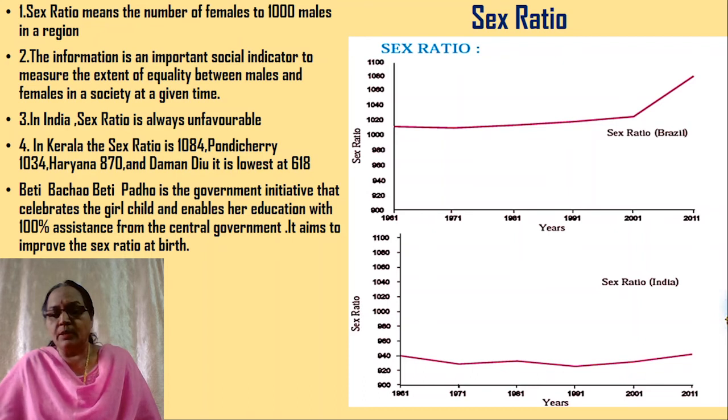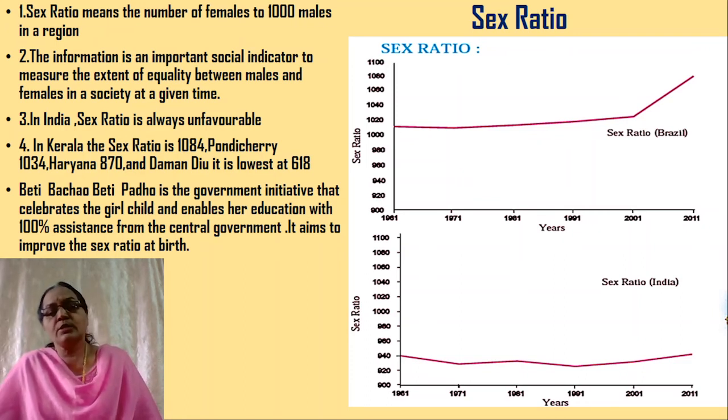Further, we find towards 1981, the sex ratio slightly improved and then there was a downward trend. Towards 2011, the sex ratio of India was 940 females per 1,000 males.